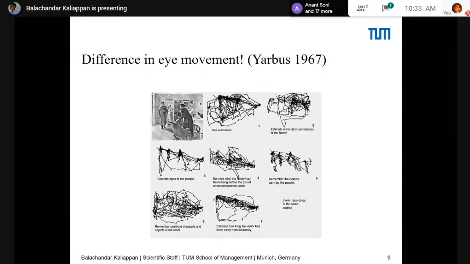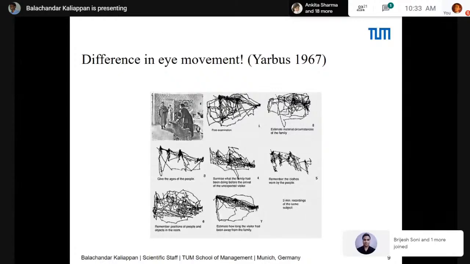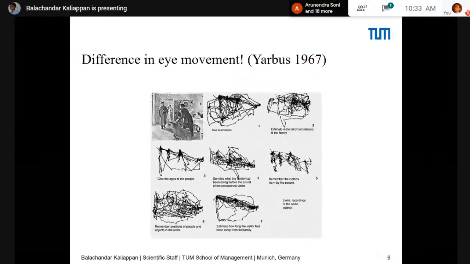You have some sort of goal in your mind. Imagine that you're going to a shop and you want to buy milk, and your eyes will move around fast, and then you'll try to find where milk is, and it will fixate at that position and then find the milk. These things happen in milliseconds, and that has to be captured and studied.